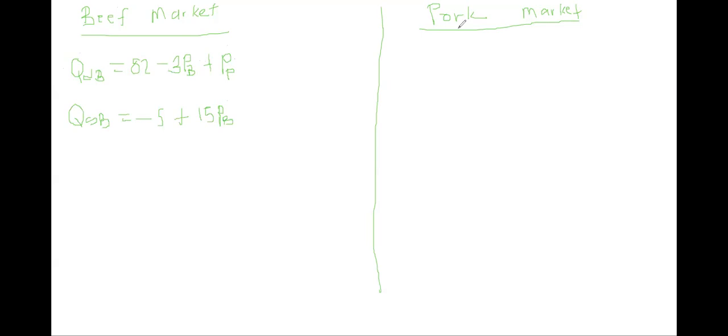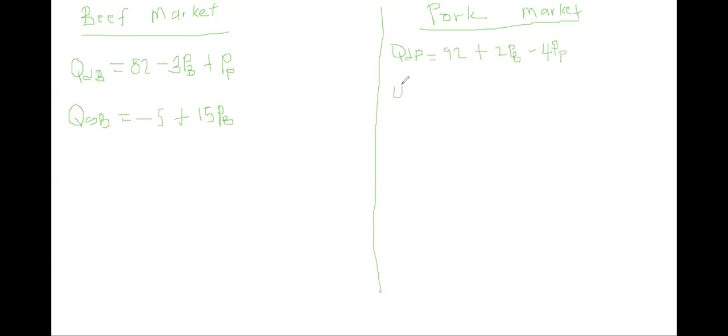So let's go to the pork market also. Here the quantity demanded for pork is equal to 92 plus 2 times the price of beef, then minus 4 times the price of pork.